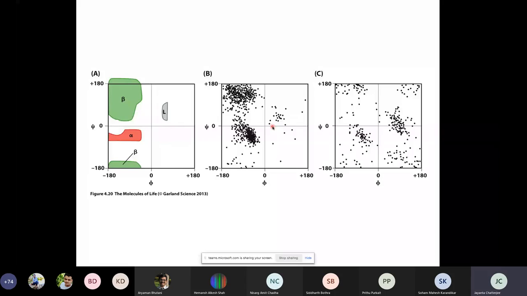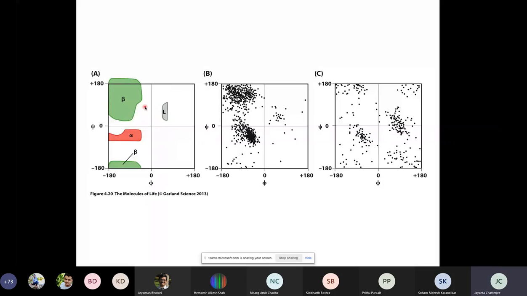Now one must appreciate that this was done theoretically on a model peptide. In the 1960s when they did it, there were no protein structures, no PDB structures, nothing. This was done purely with hard sphere calculations, and that is how they realized how protein conformations would look.